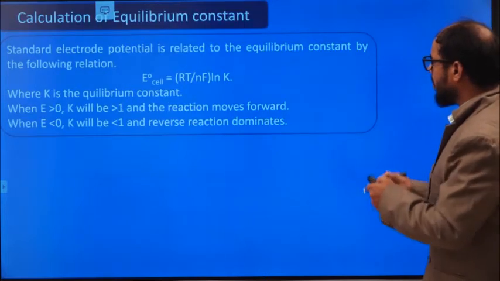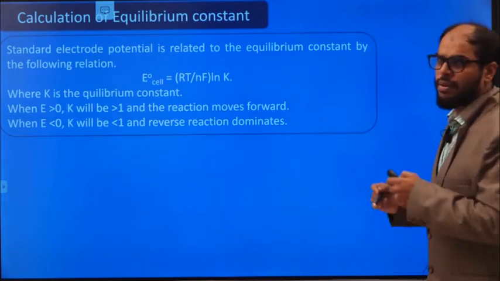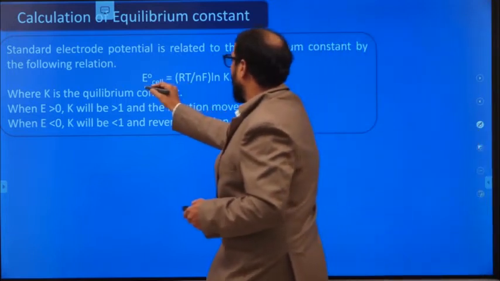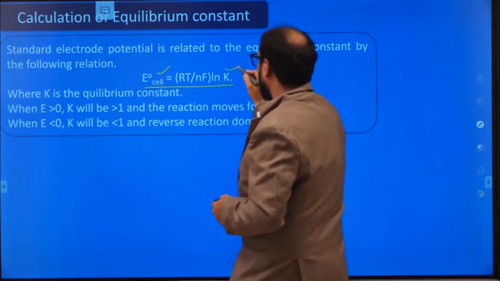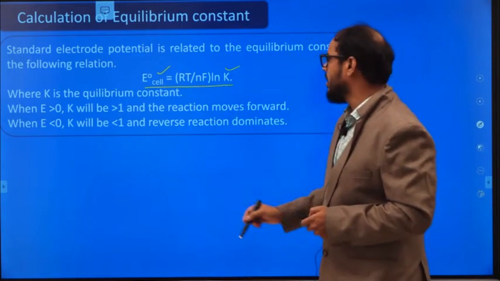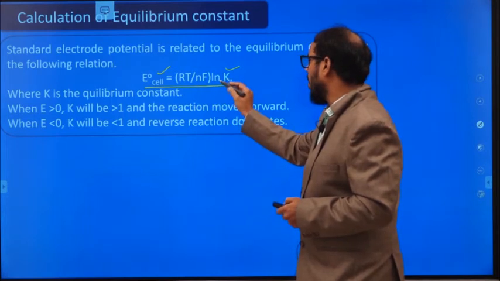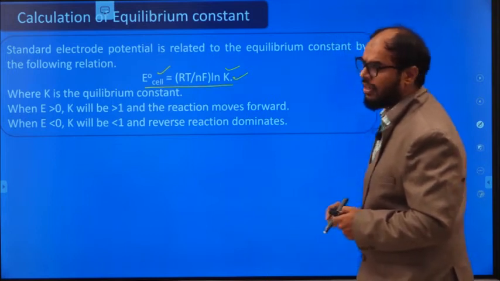And using this electrochemical series, we can also calculate the equilibrium constant for any of the reactions. We know from the intermediate that the relation between E cell and equilibrium constant is given by E cell is equal to RT by nF natural log K, where K is the equilibrium constant.